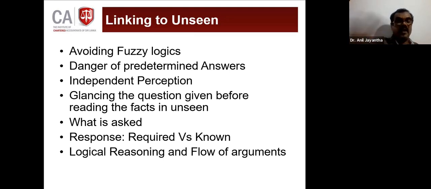So you can filter. Actually, it helps you to have a very good filtering process. Then you need to provide answers in the unseen only to the questions asked, not all that you know.